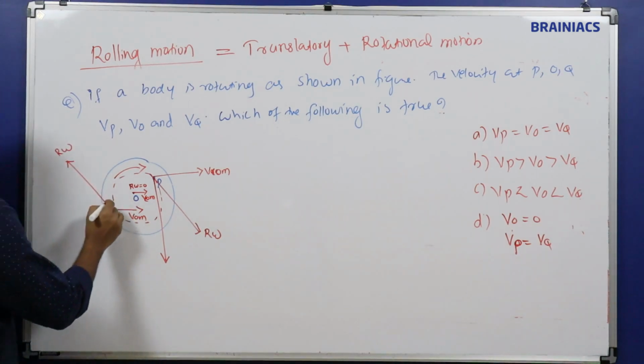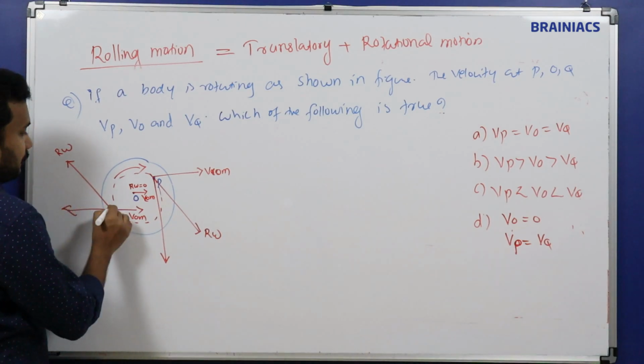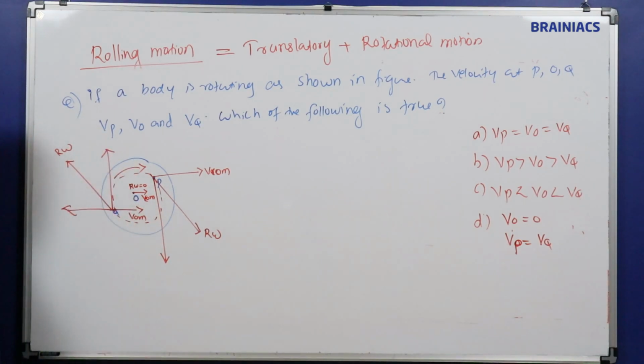Now this makes two components, a horizontal component and a vertical component. This also we can split as horizontal and vertical. Now listen to the board very carefully.